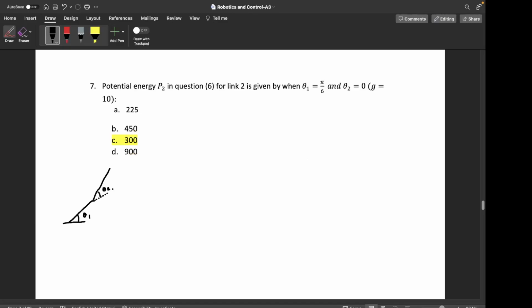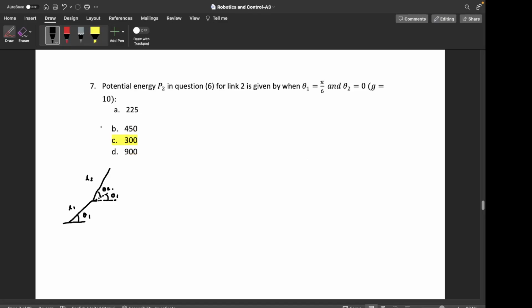So if we would count from the horizontal, this would be the angle that link 2 makes with the horizontal is theta 1 plus theta 2, and this is L1, this is L2, right?